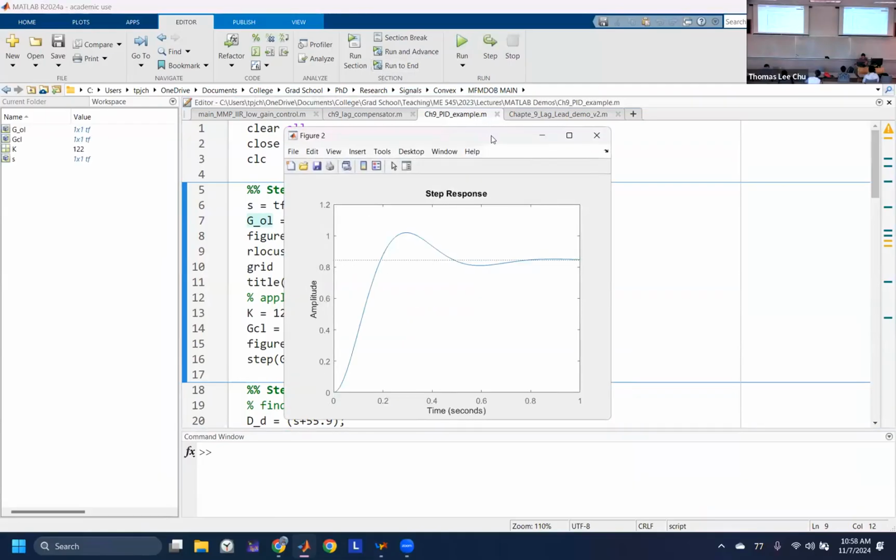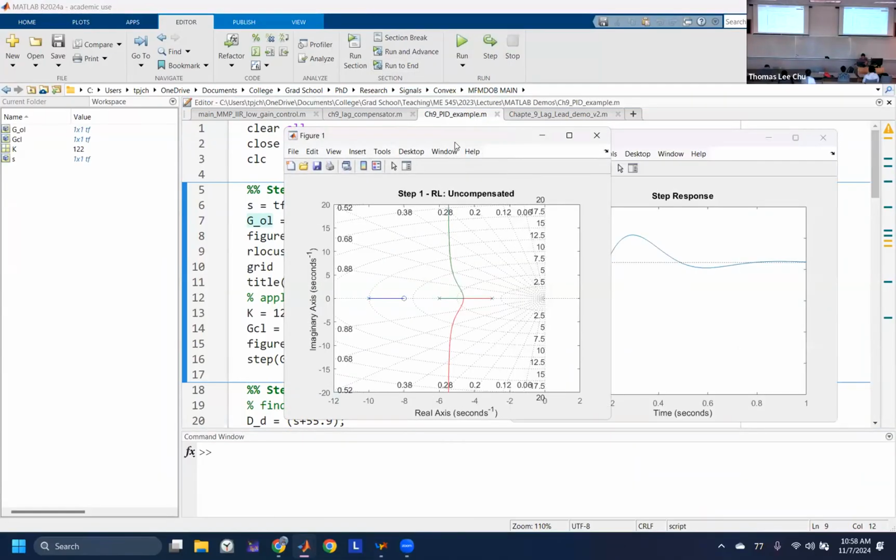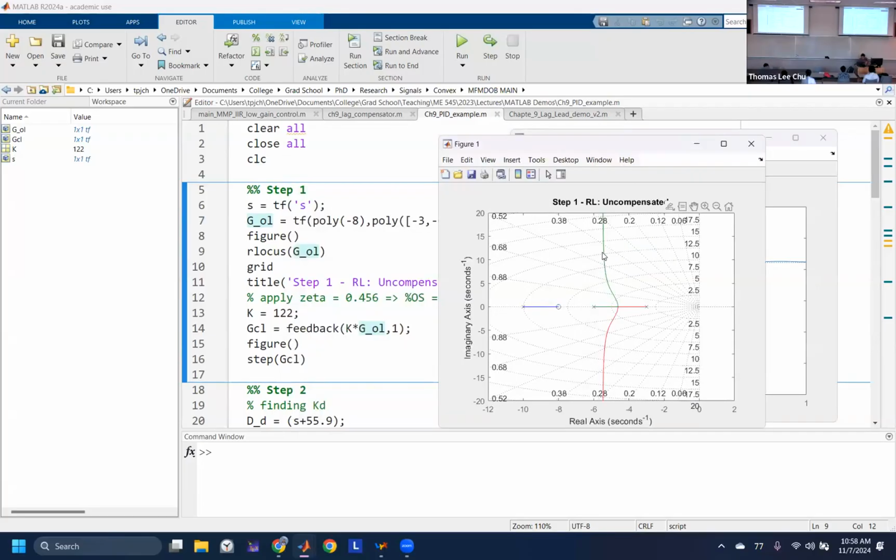All right, and you have to trust me that the gain is at 122, but if I were to look for it, click it right there. Close enough. 122, right there. 0.452. So that's where I get my gain.